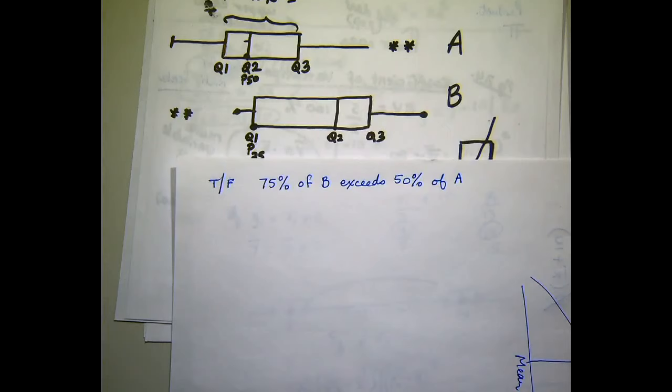False. 75% of B's distribution exceeds 50% of A's distribution. True or false? Which one and why?